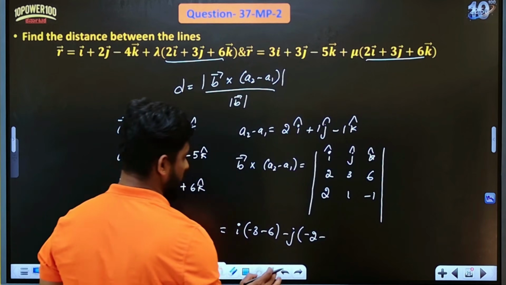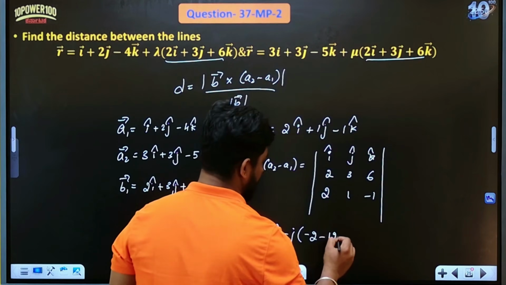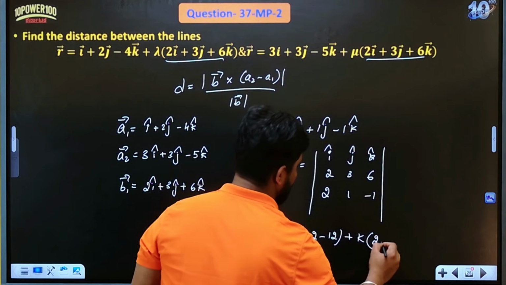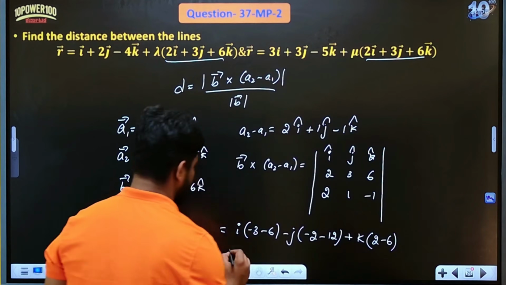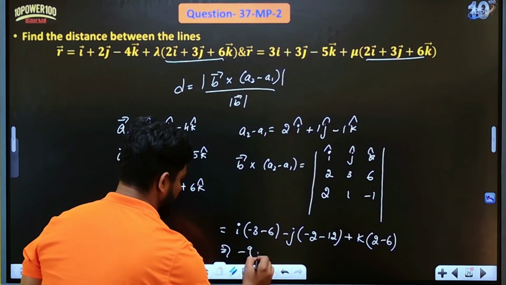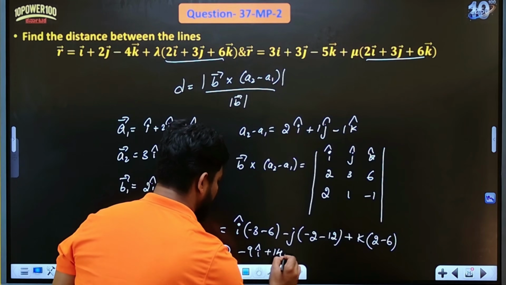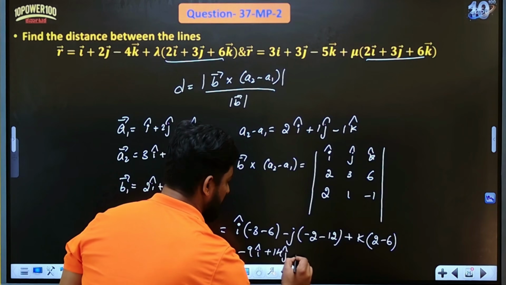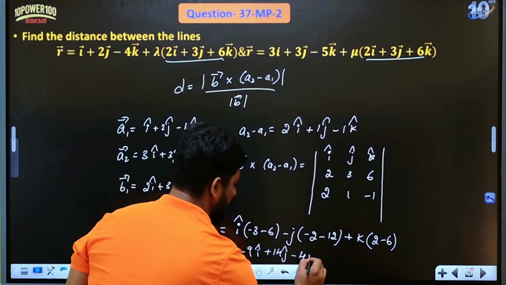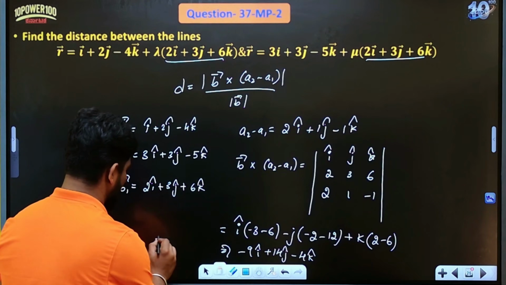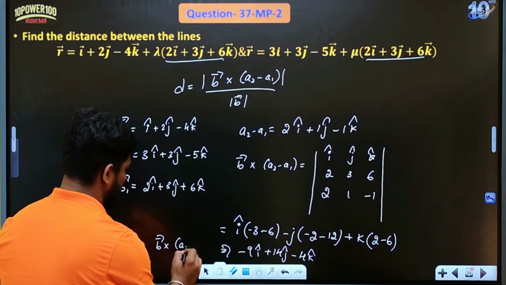Sorry, this is minus 12, plus k of 2 minus 6. So you get minus 9i cap plus 14j cap minus 4k cap. This is B cross (A2 minus A1).